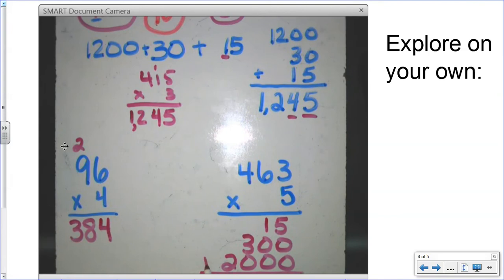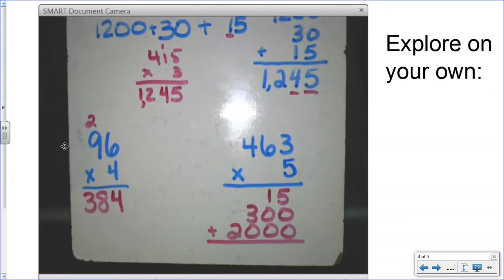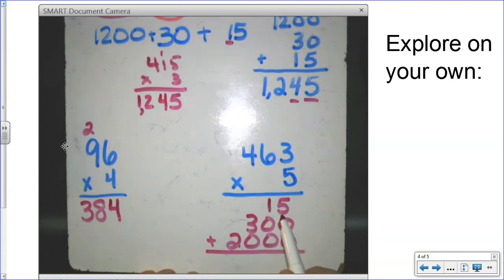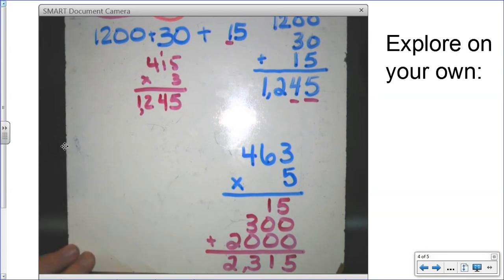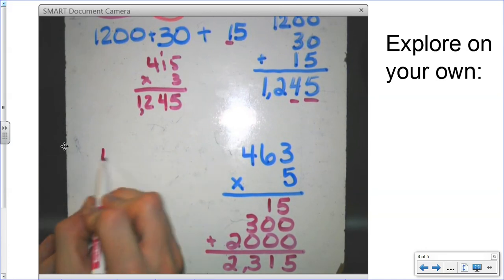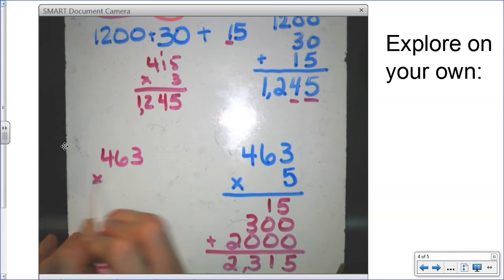This looks like the number bond method kind of in disguise now, doesn't it? And if I add these up, I have 5 ones, 1 ten, 3 hundreds, 2 thousands. So my final answer is 2,315. And I'll get rid of my work over here, and I will show you that 463 times 5.